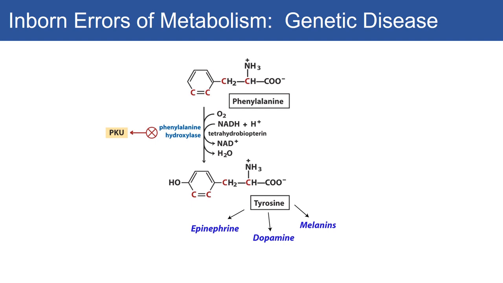Tyrosine is an important precursor to many of the neurotransmitters and other important hormones, including epinephrine, dopamine, and melanins. So that's really important as far as metabolism is concerned. And if you do not have a functioning PKU enzyme, then you end up with a disease state. I mean, people can survive with it.